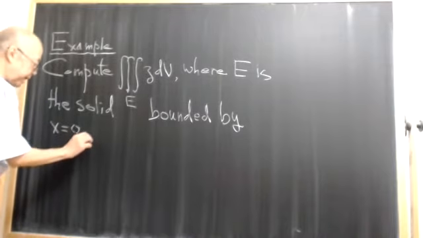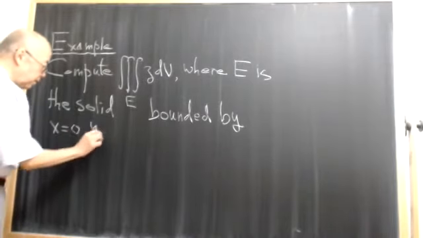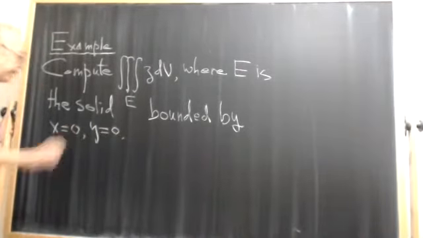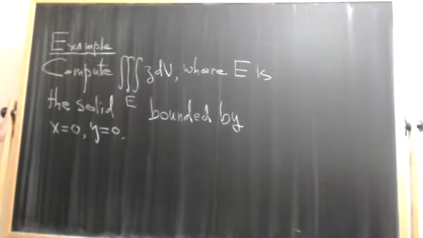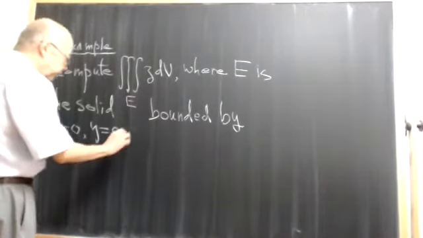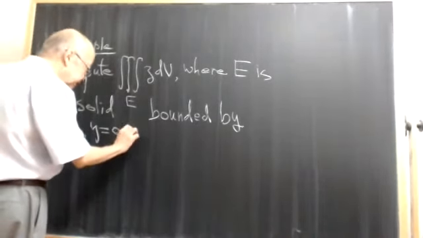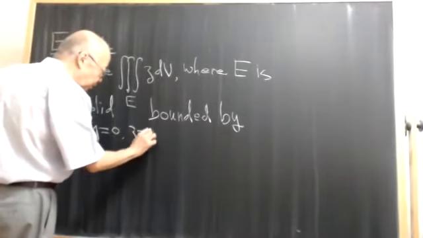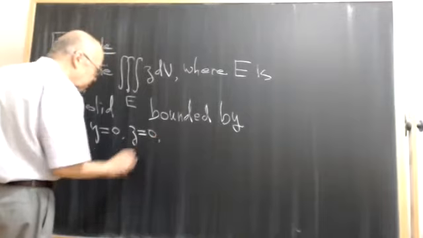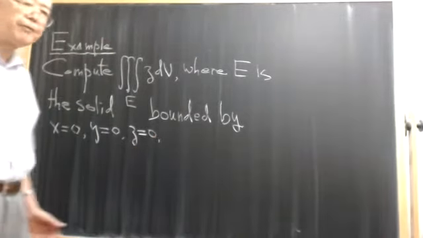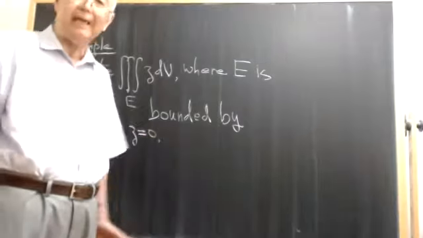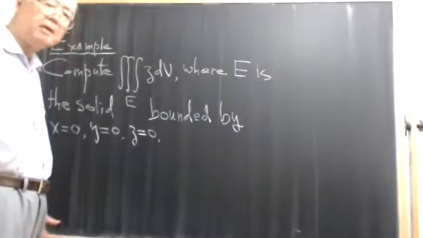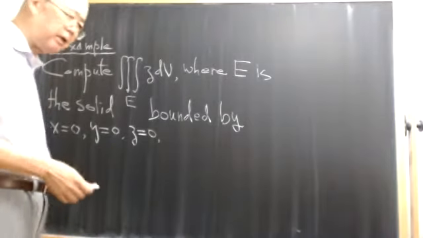The second plane is y equal to 0. And the third, you can guess, is z equal to 0. So we have 3 planes in R3, but that's not enough to bound a solid.